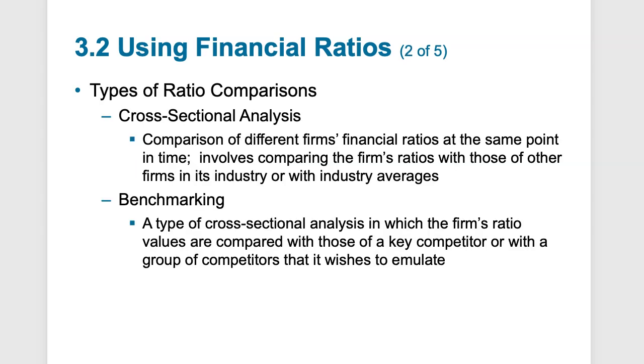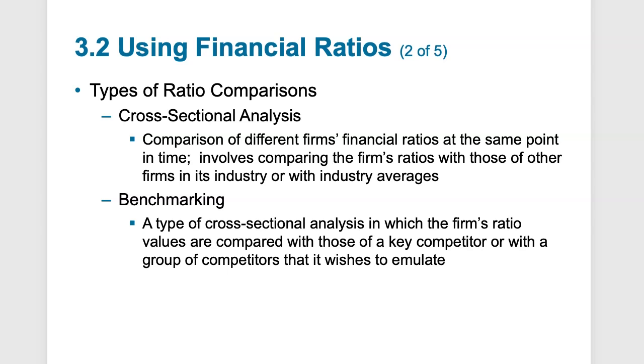Now, as far as using the ratios to make comparisons, we could do a cross-sectional analysis where we look at the interpretation of the financial ratios, and we want to understand how different firms are going to compare to each other at the same point in time.